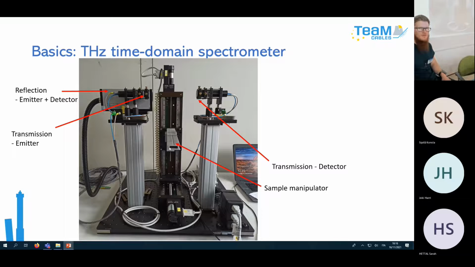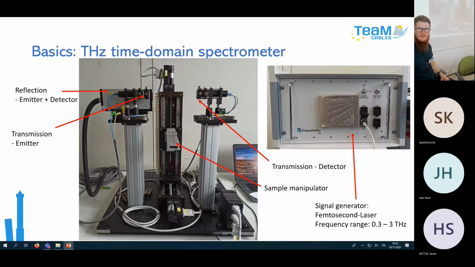This one moves in and out of the picture area and also up and down. It doesn't move left to right. This here on the right side is our signal generator. In this case, we use a femtosecond laser, and this allows us a frequency range of 0.3 up to 3 terahertz.